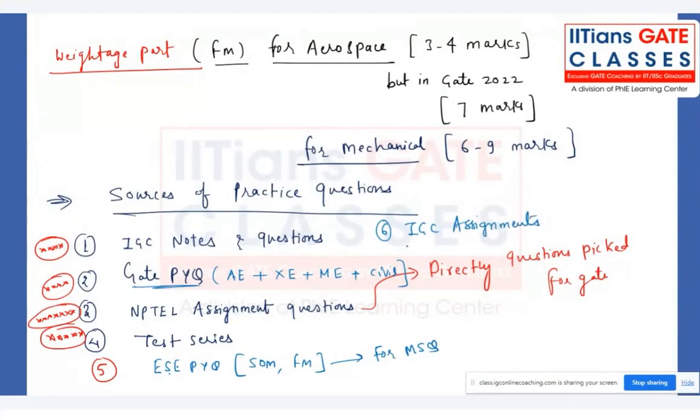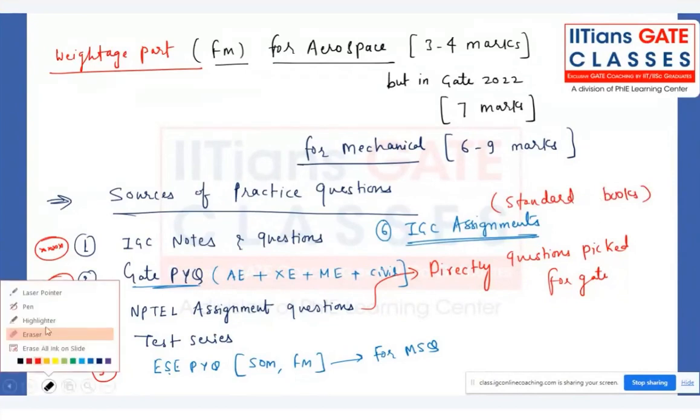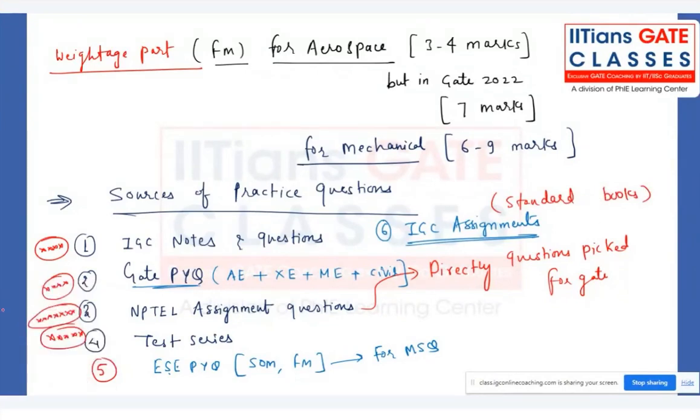Now, what is the importance of the IGC assignment? The importance is that this assignment has been prepared from standard textbooks. So what is the benefit of practicing questions from the IGC assignment? See, when you see the textbook, for any topic you have an infinite number of problems.